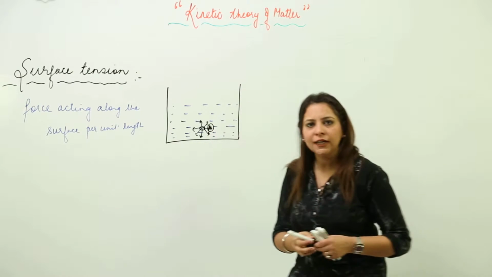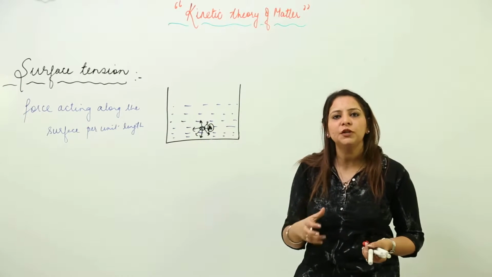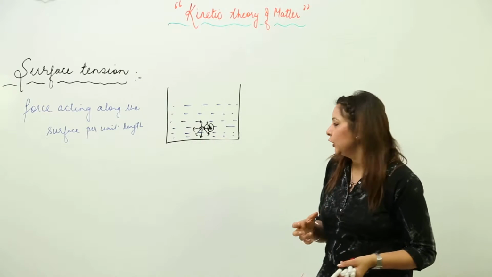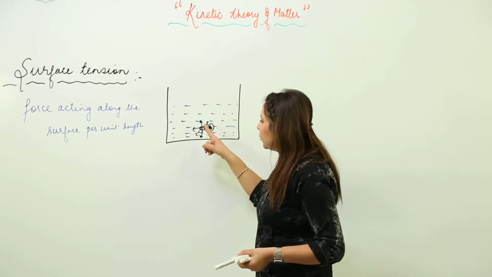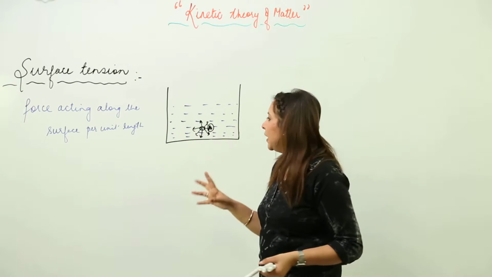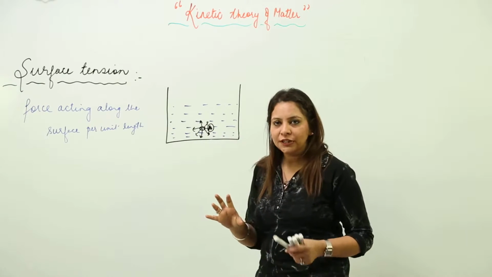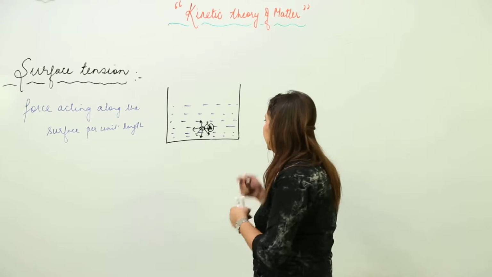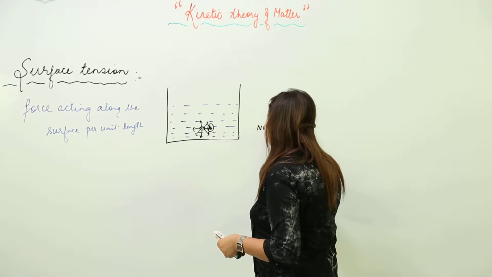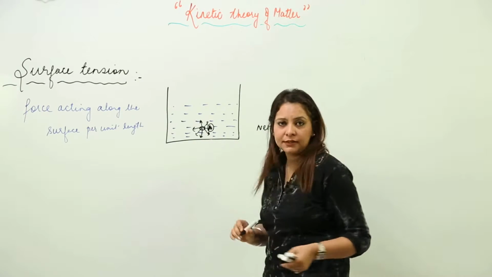I told you that cohesive forces are the forces that operate between molecules of the same kind. All the forces being equal and opposite cancel out, and the net force acting on it is 0.